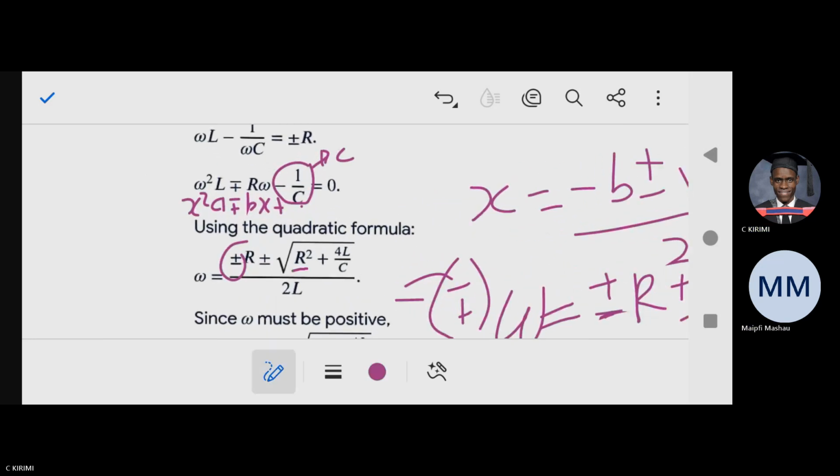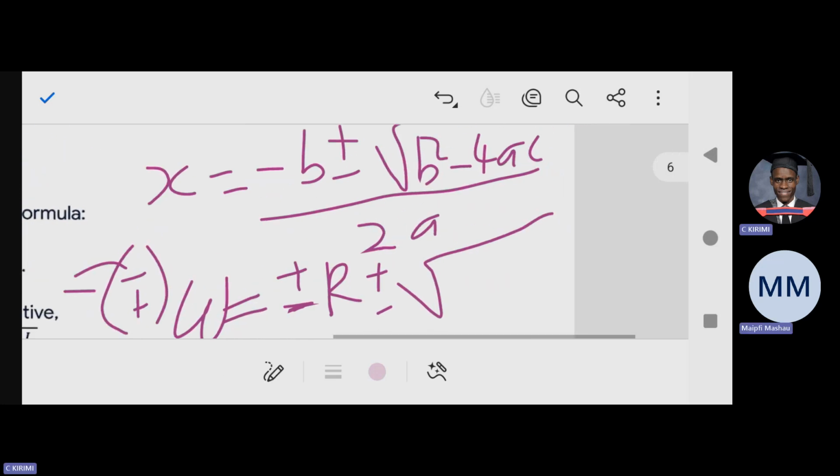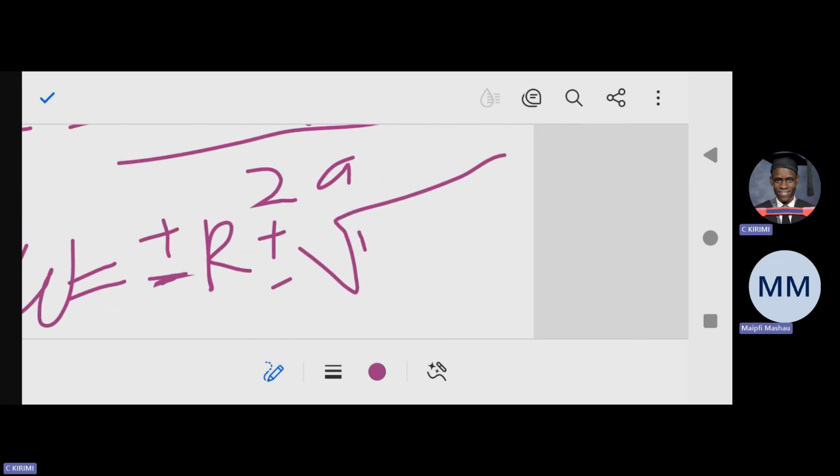Minus. So here we're having minus, so it will be R squared minus 4AC. Our A is L, C is negative 1 over C. So you can see negative, negative gives you what? Positive.